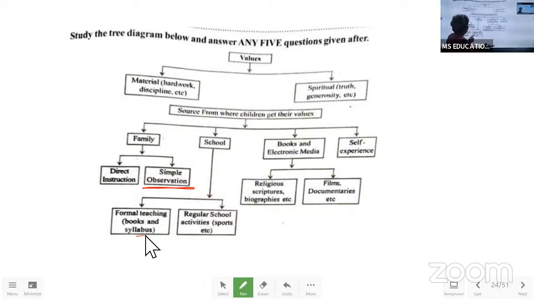All this, whether it is religious scriptures or biographies of their prophets and everything, and also electronic media, whether it's films, documentaries. So in this way, that is why it is very, very important, like electronic media, whether it is television or films shown to the children, should have good moral values.